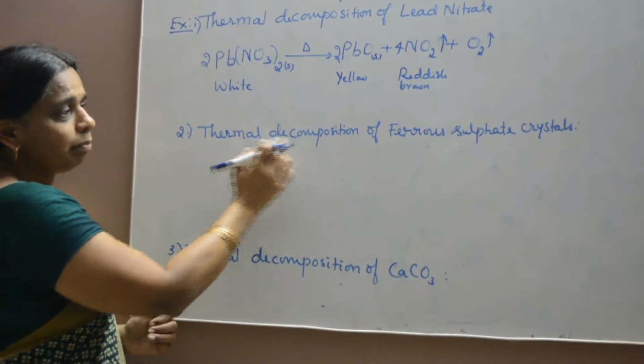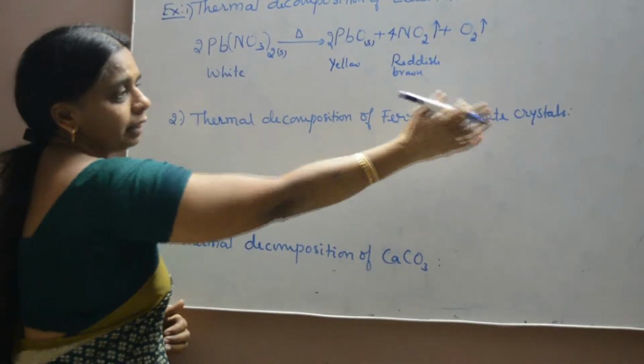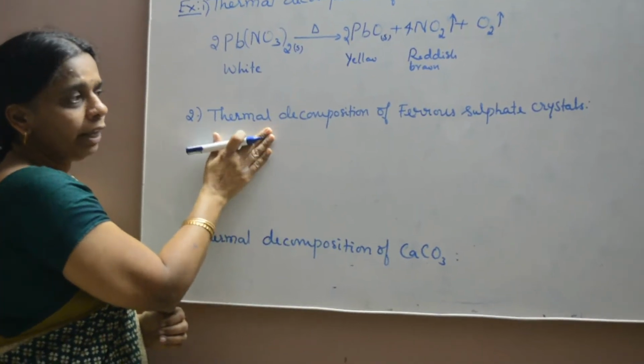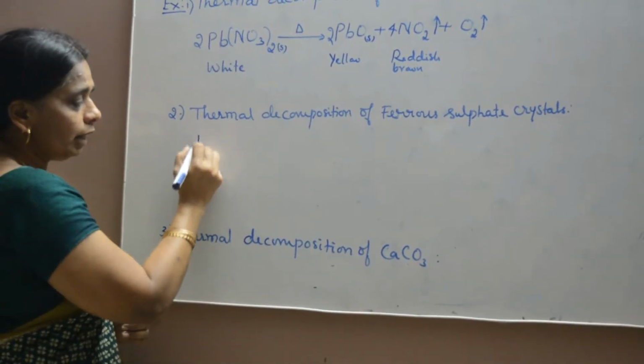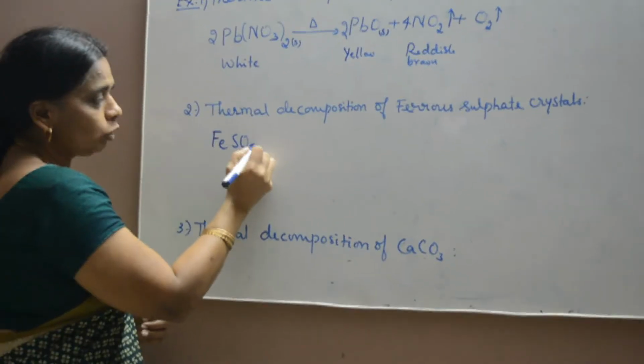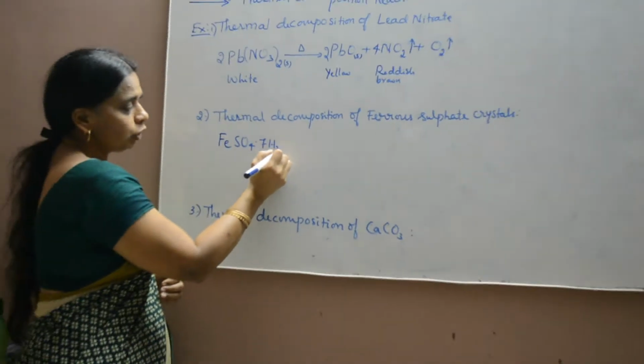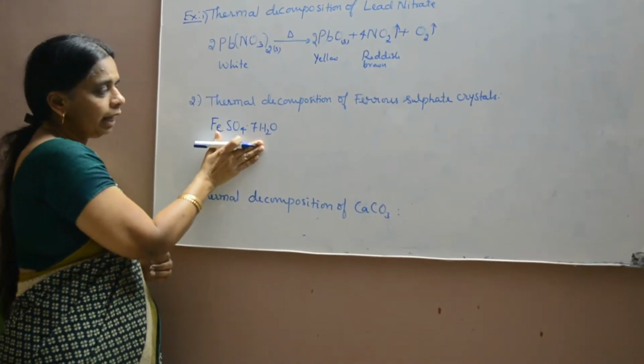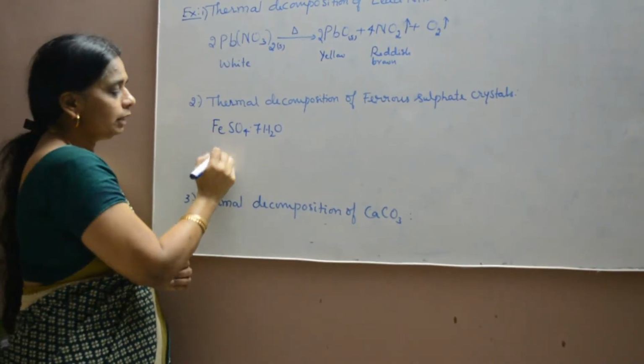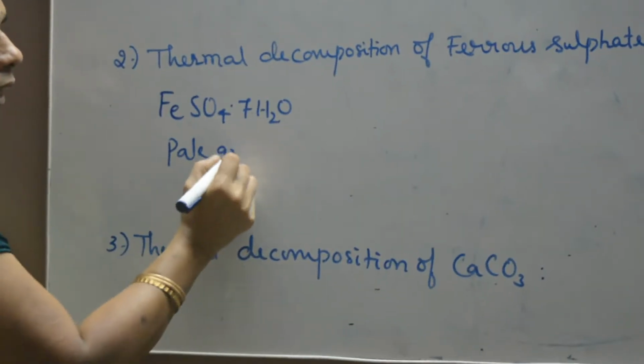One more is the thermal decomposition of ferrous sulfate crystals, given in the NCERT textbook. Ferrous sulfate, FeSO4.7H2O, is a hydrated salt which is pale green in color.